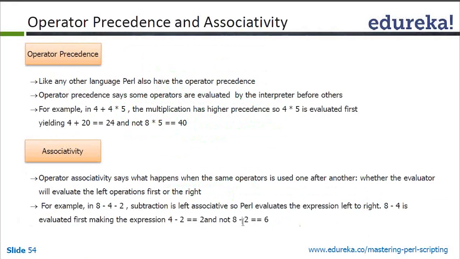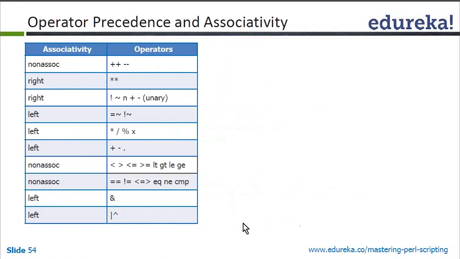So this is very simple. Generally all the associativity is from left to right rather than right to left. Then operator precedence and associativity reference. So we have non-associative and associative operators. Non-associative, which doesn't have associativity, are plus plus and minus minus, and right associative is star star.